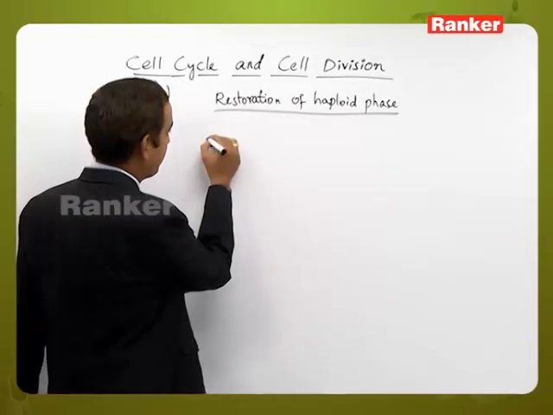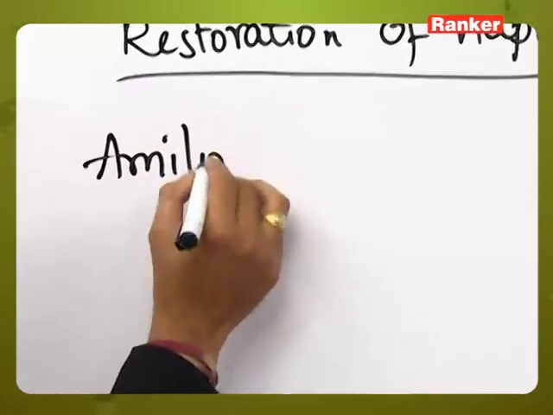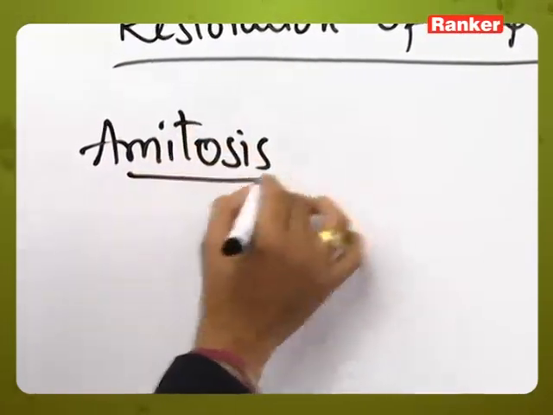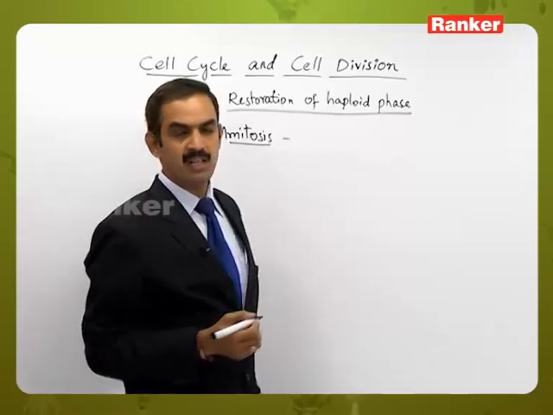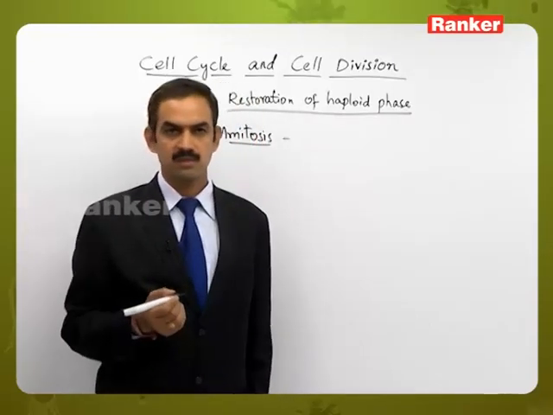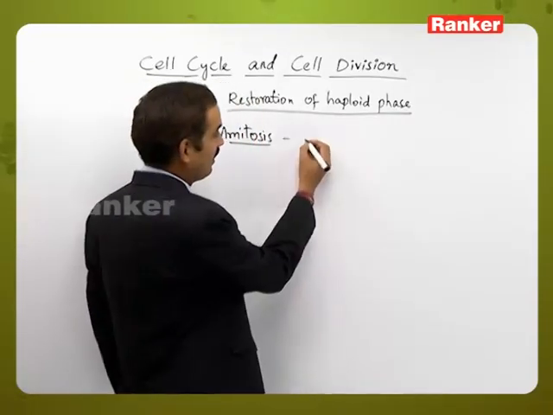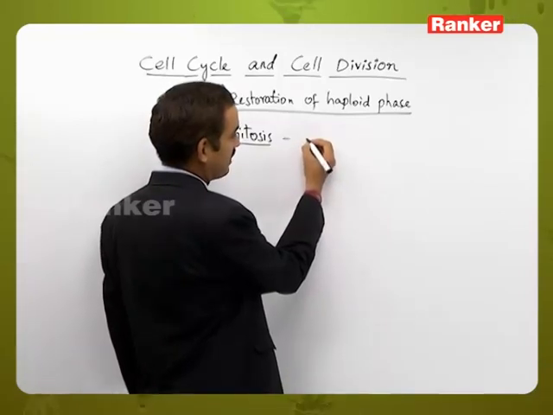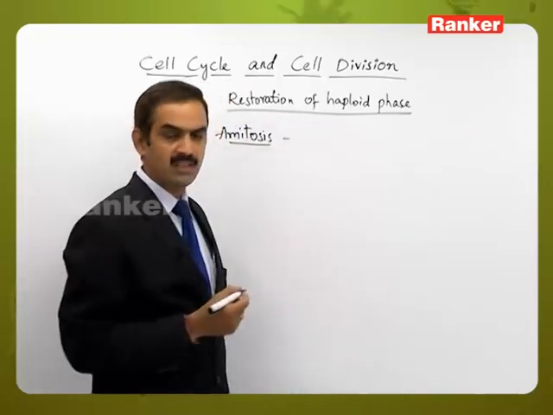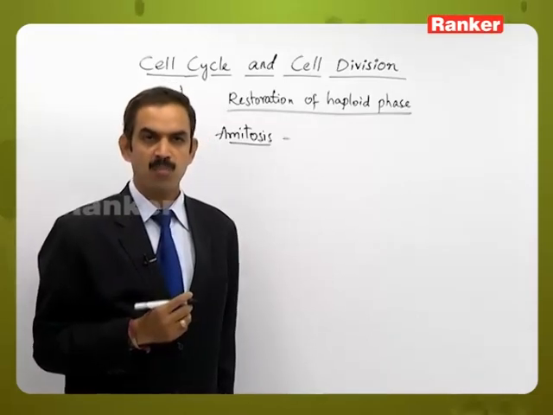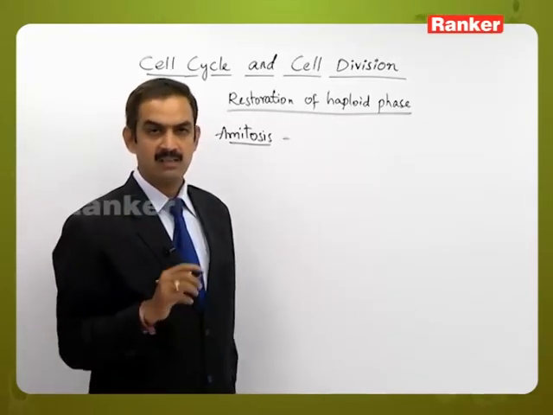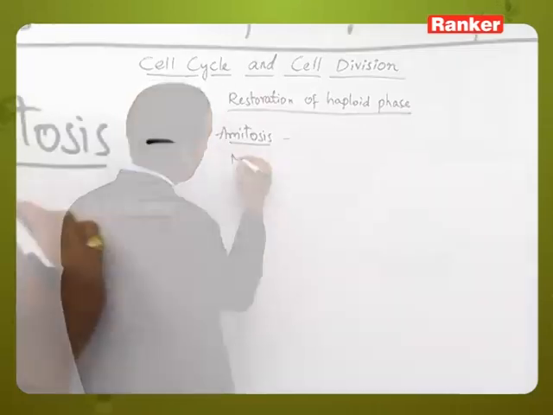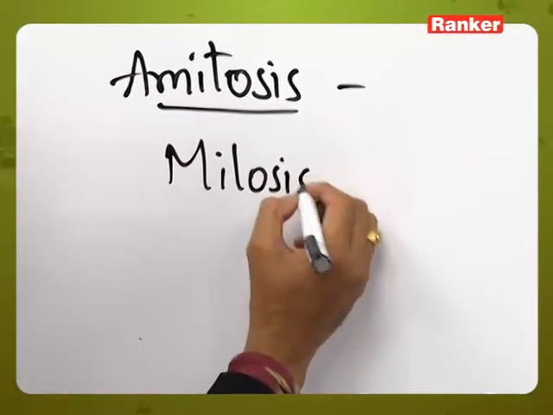The first option given is amitosis. Amitosis is a process which occurs in prokaryotic organisms, and this is the type of division where spindle fiber formation does not occur. It occurs only in haploid organisms, and the restoration is not there. The second one is mitosis.